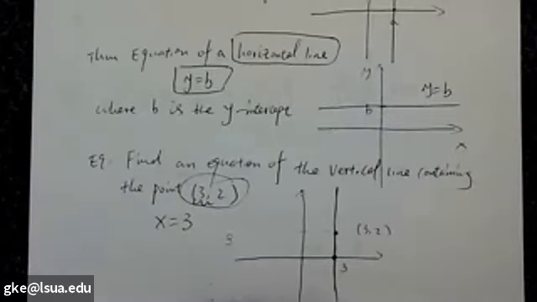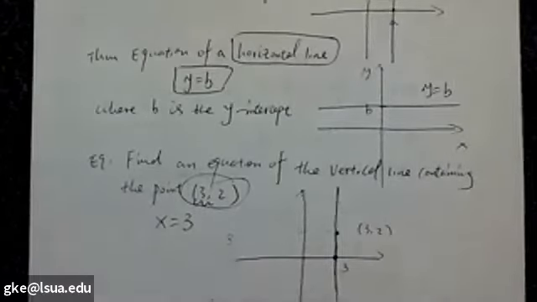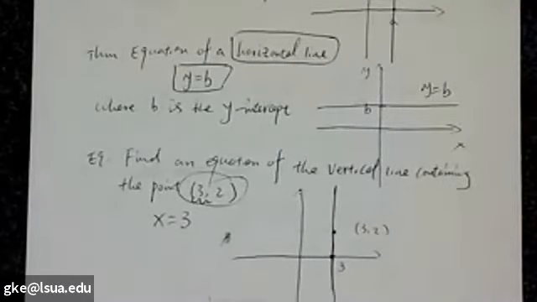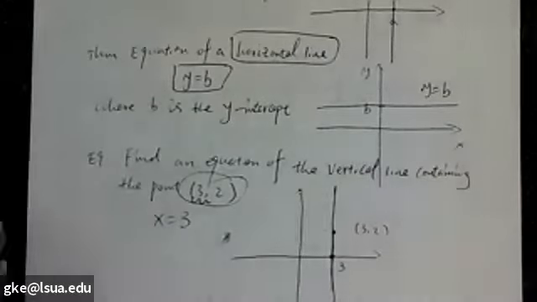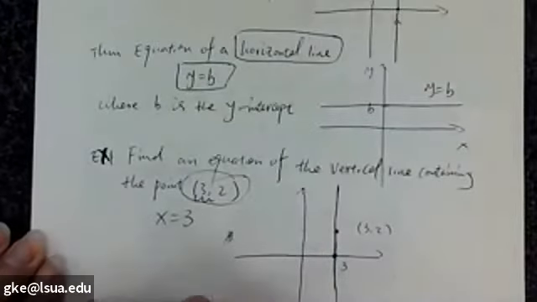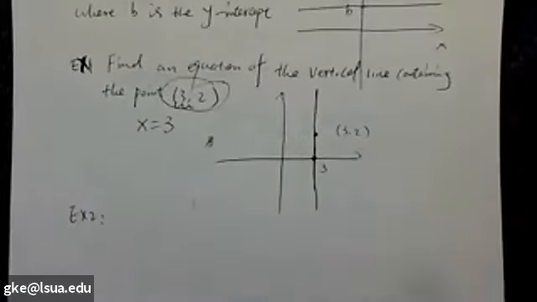It's nothing to do with the line. I'm pretty sure some of you are gonna make a mistake and just say the vertical line is 3. That's a value. It's not a vertical line. Okay. Be careful. What about the 2? Does that mean anything? Nothing.